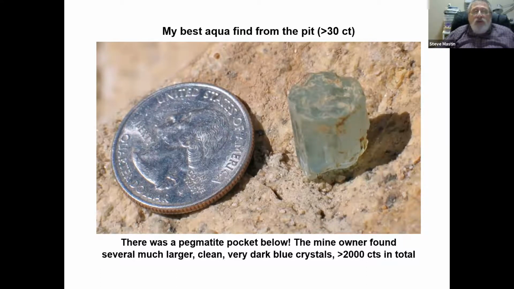He found several large, clean, very dark blue crystals that in total weighed over about 2,000 carats, which is a lot, because all of the stuff was pretty much gem quality. And so that haul was probably worth on the order of $50,000. And that was for 3 short summer seasons with 2 helpers and me and John.